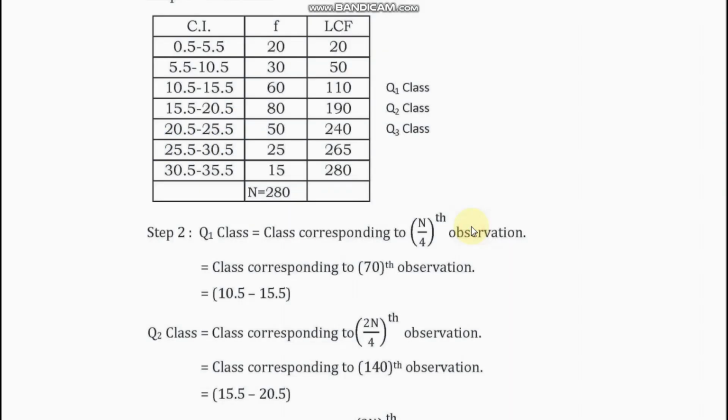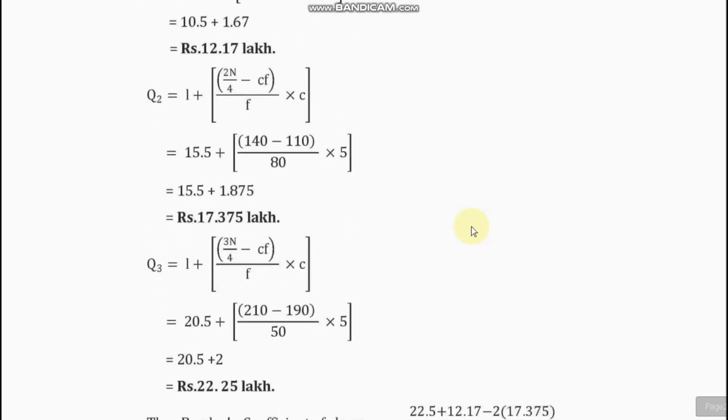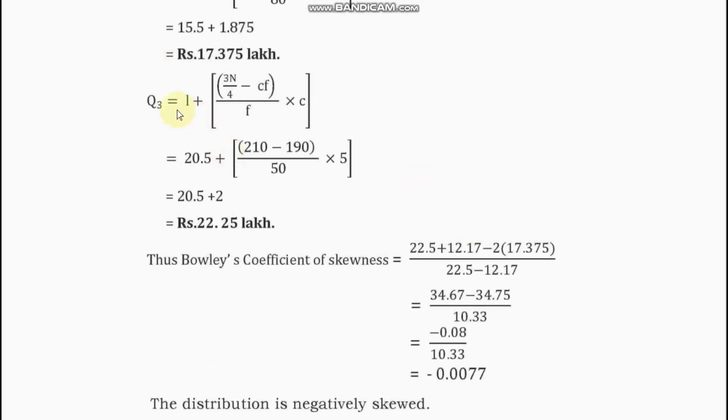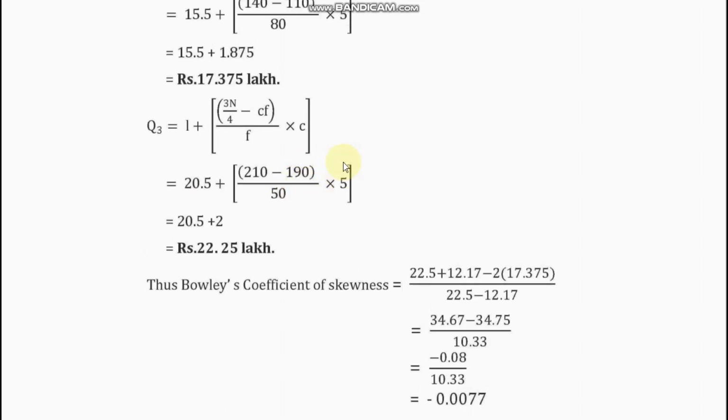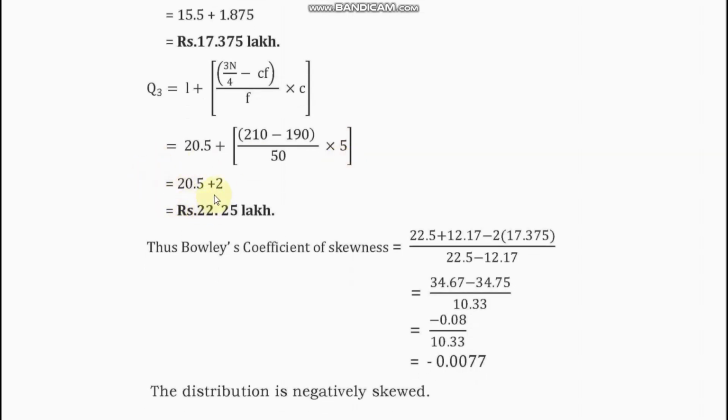Now the formula for Q3 is L plus 3 into n by 4 minus Cf divided by f into C. That is 20.5 plus 210 minus 190 divided by 50 into 5. That results in 20.5 plus 2, that is 22.5. Actually it has been misprinted here. It should be 22.5.